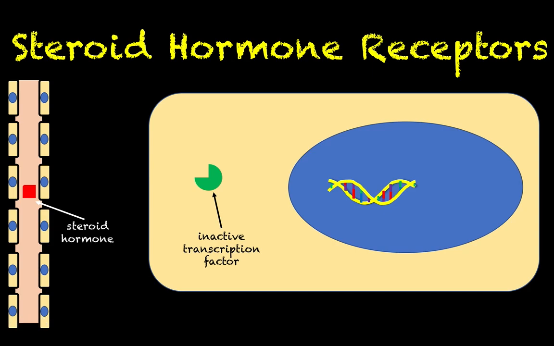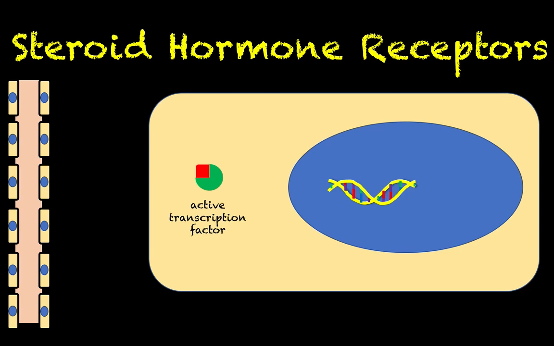Well, one thing that we can do here is that this steroid hormone, which is being carried through the blood, can diffuse out of the bloodstream into this effector cell, and oftentimes these transcription factors are what we call steroid hormone receptors. So the steroid hormone will bind to this transcription factor, and this actually turns this into an active transcription factor.